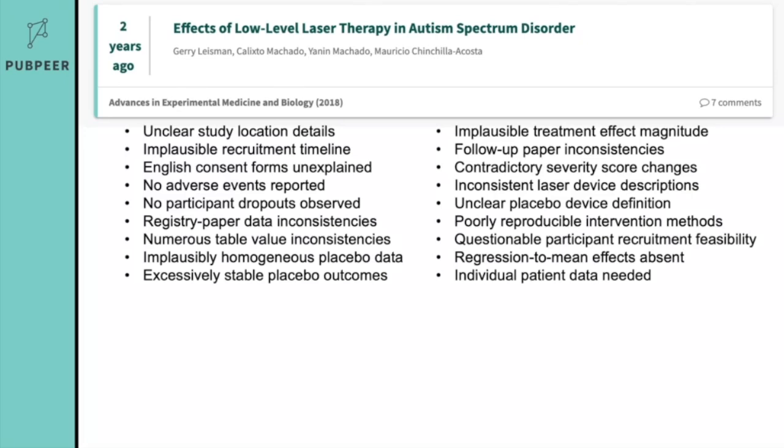Some inconsistency between this paper and the follow-up paper. Some contradictory severity score change, some inconsistent laser device descriptions, unclear placebo device definition, poorly reproducible intervention method, questionable participant recruitment feasibility, regression to the mean effects were likely absent in the placebo group, and individual patient data were needed.